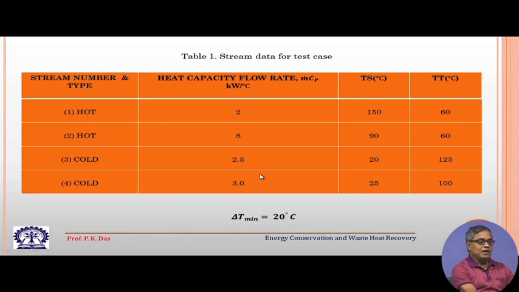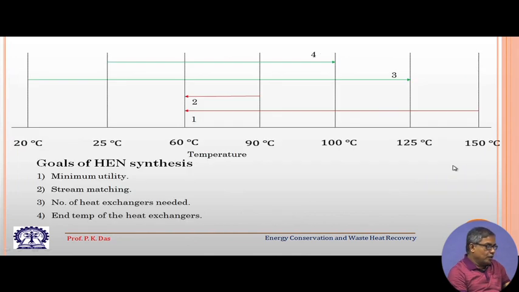Similarly, the information is available for the cold streams. So, a cold stream will start with a low supply temperature and it will end up with a high target temperature, because this stream is to be heated. Now, graphically, if I want to show the 4 streams on a temperature plane, it is like this.